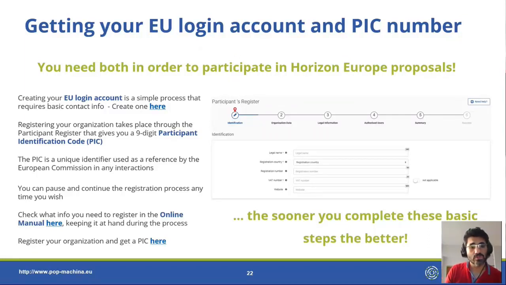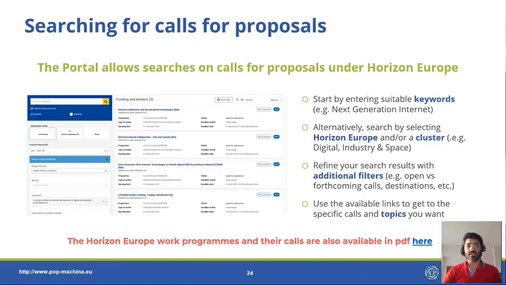However, as soon as the proposal is successful and you get granted, you have to register your company in order to be eligible to actually participate in the project and get the funds. So the sooner you complete these basic steps, the better. So the sooner you get the account and the sooner you set up your organization, get your PIC number, the better. So what are the next steps?